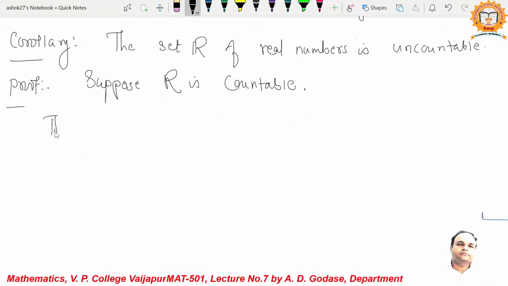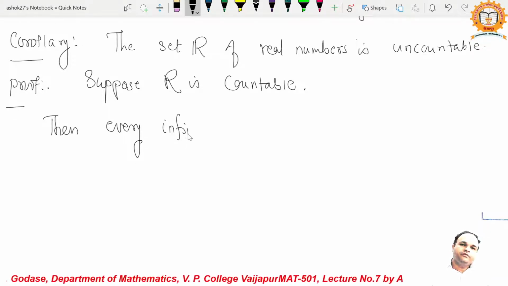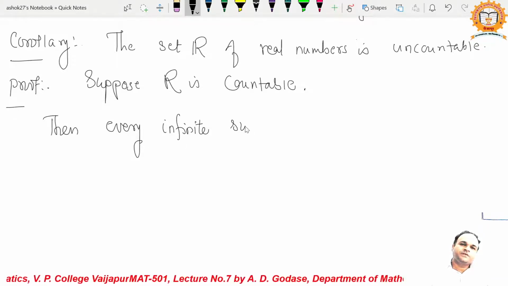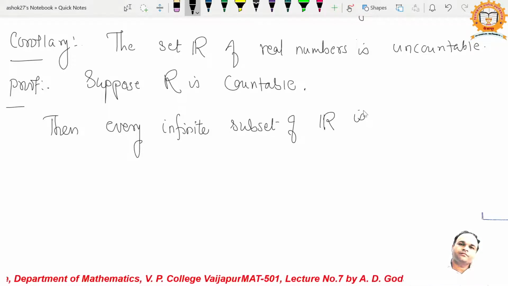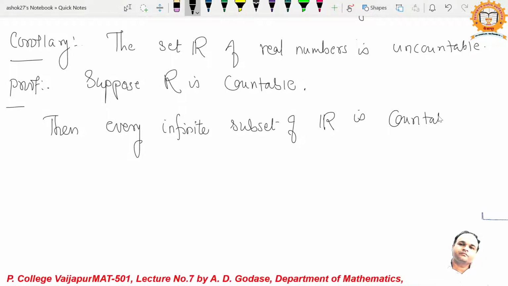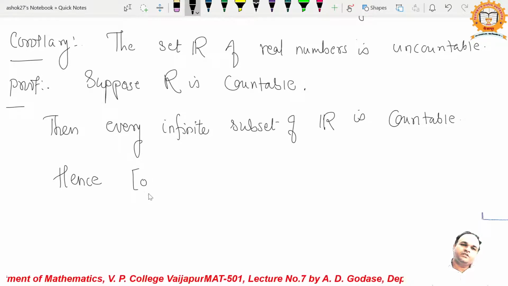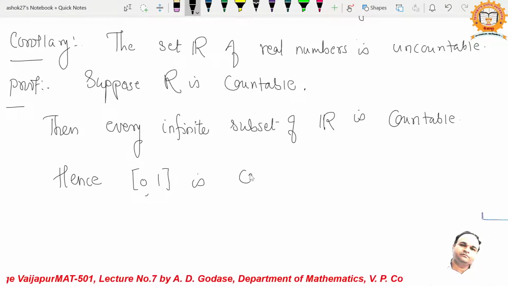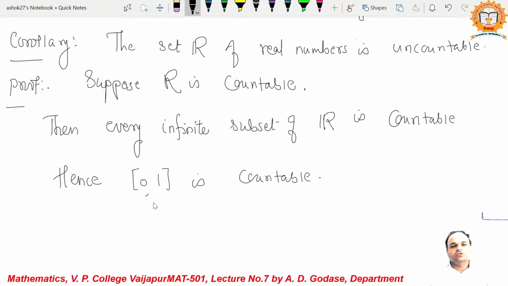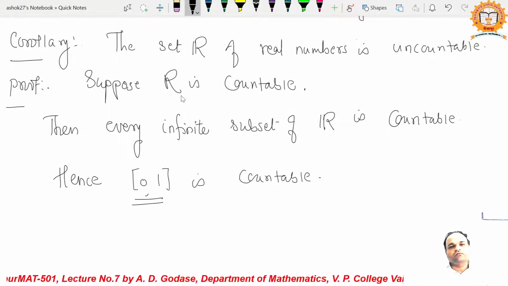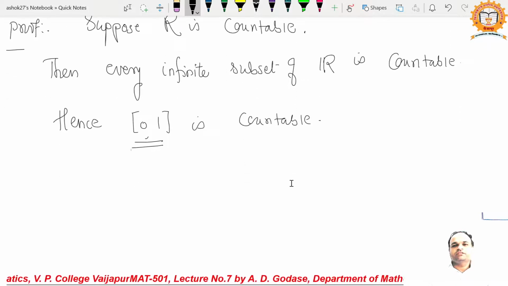Hence the closed interval 0 1 is countable, because the closed interval 0 1 is a subset of R. So naturally the closed interval 0 1 will be countable, but it is a contradiction to the previous theorem.